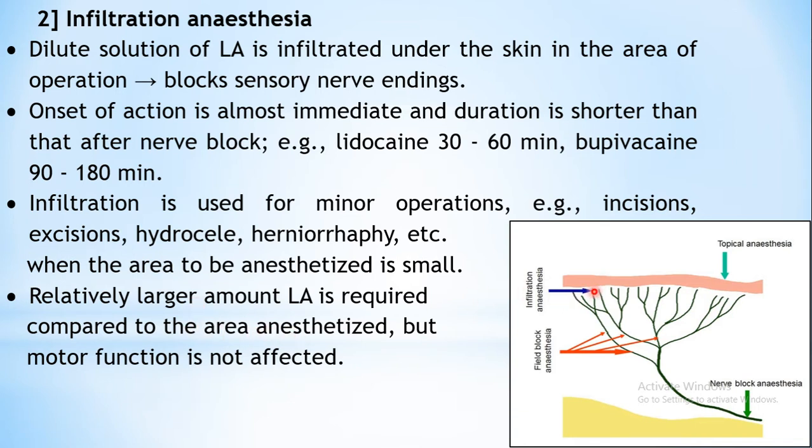When you compare it with other types of blocks, say conduction block, a larger amount of local anesthetic is required. So the amount of anesthetic required for this procedure will be a little larger, keeping the area same.